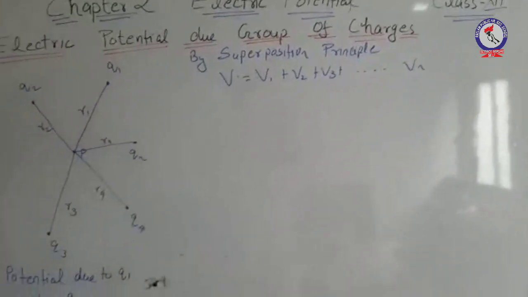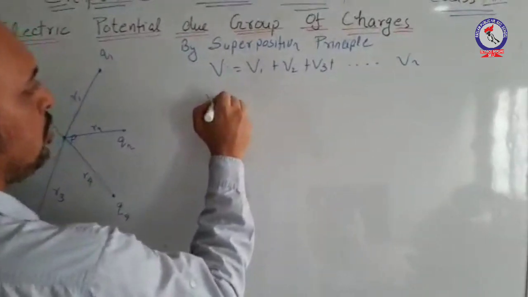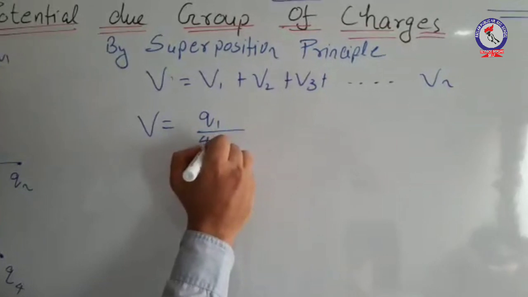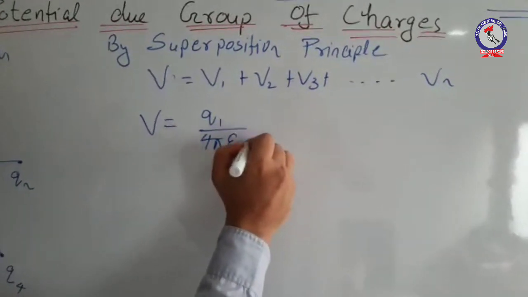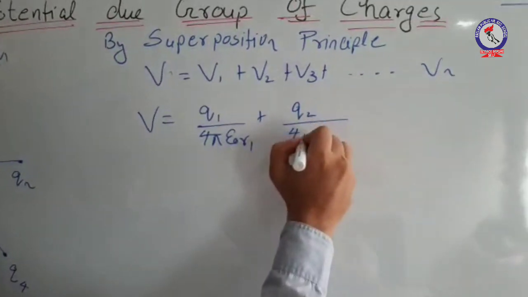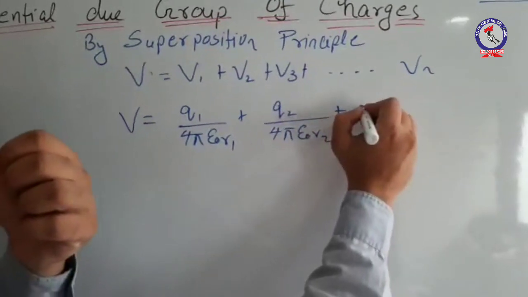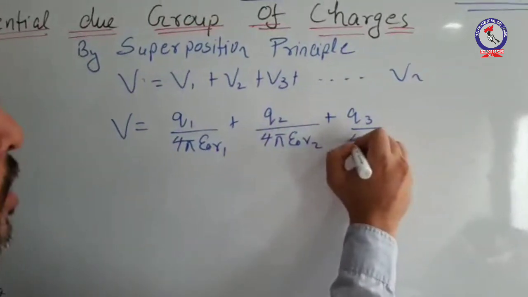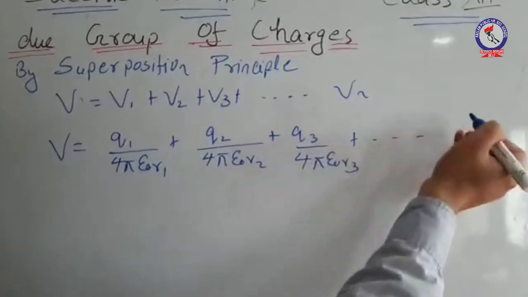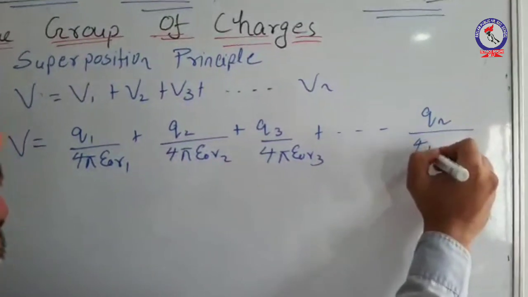In this way, we calculate the value of net potential. Now, substituting the values, V equals V1, Q1 upon 4 pi epsilon 0 R1, plus Q2 upon 4 pi epsilon 0 R2, plus Q3 upon 4 pi epsilon 0 R3, and continuing till Qn upon 4 pi epsilon 0 Rn.